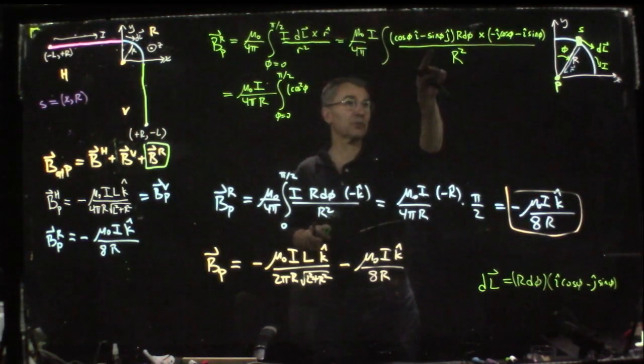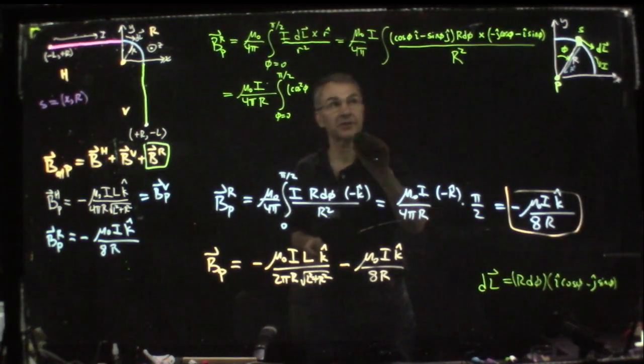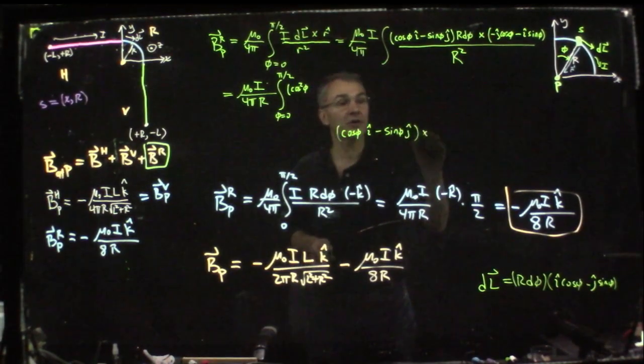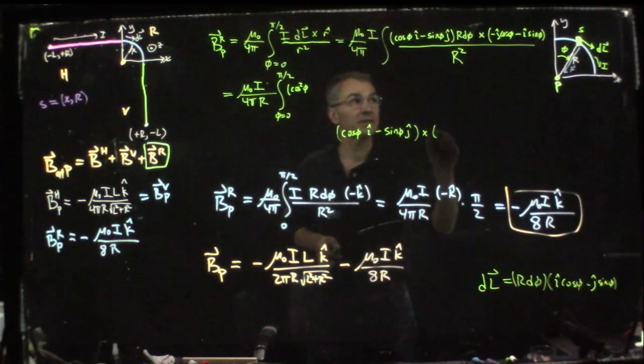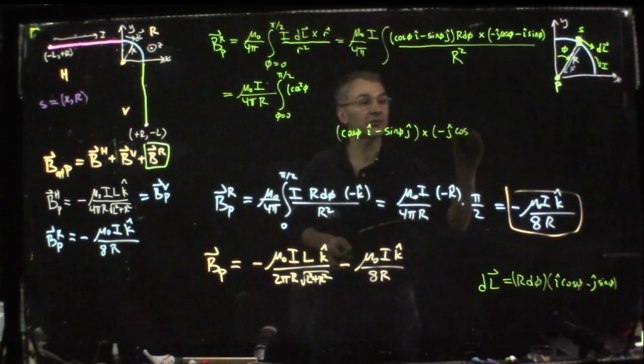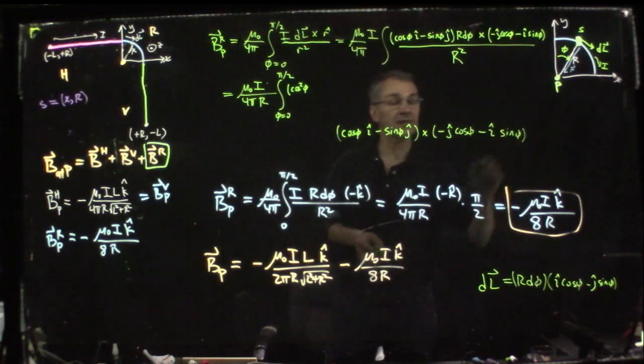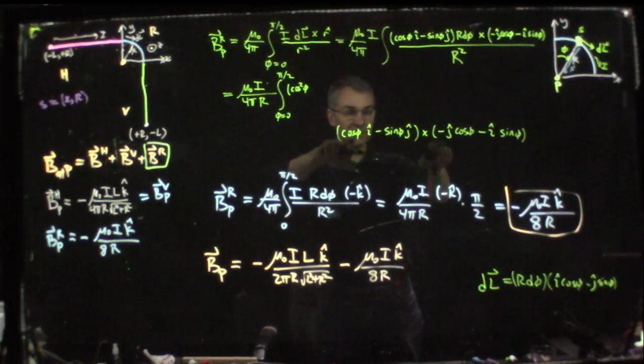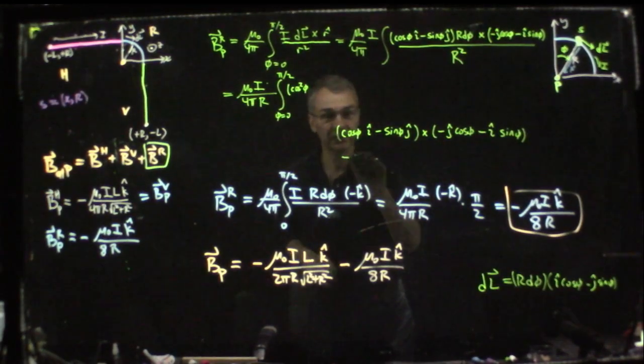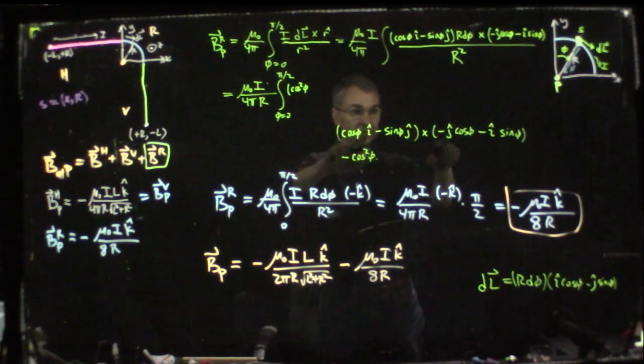But then let's look at the other term. Let me write this out here. Cosine phi i hat minus sine phi j hat, cross product with minus j hat cosine phi minus i hat sine phi. Okay, first term cross first term is minus cosine squared phi. So there's the minus sign, and i cross j is k.